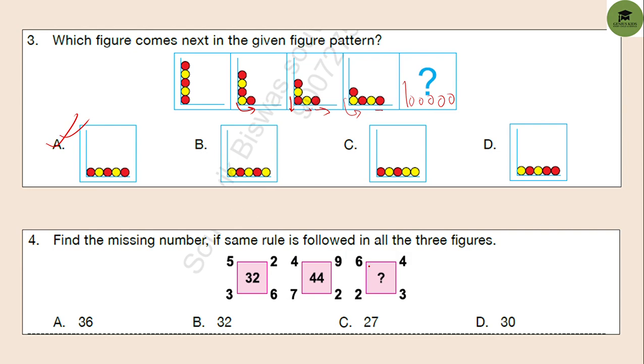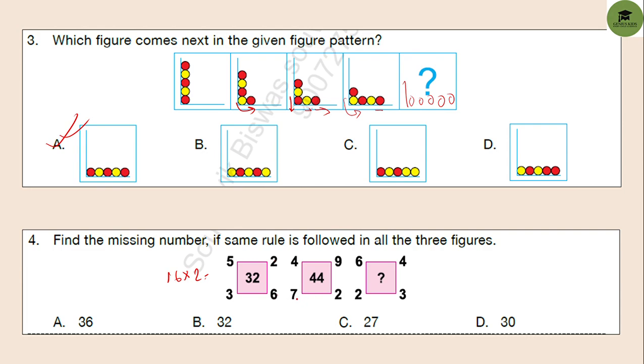Now if you see the proper way, if we add these four numbers: 3 plus 5 is 8, 8 plus 2 is 10, 10 plus 6 is 16. Is 16 equal to 30? No. But if you see, adding 5, 2, 3, 6 gives 16, and if you multiply 16 by 2, it gives you 32.